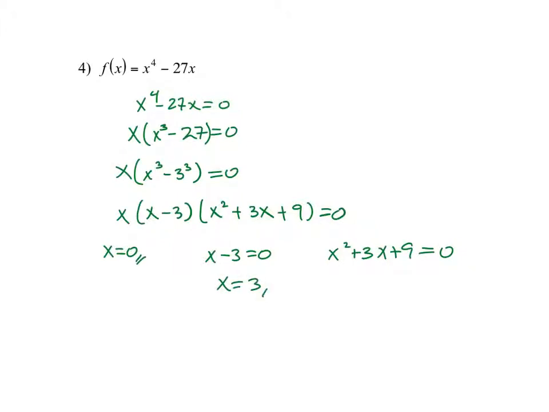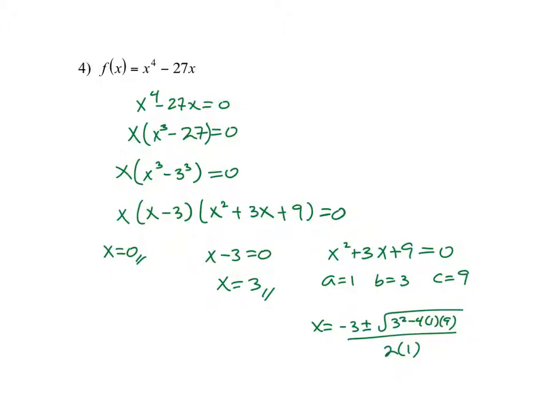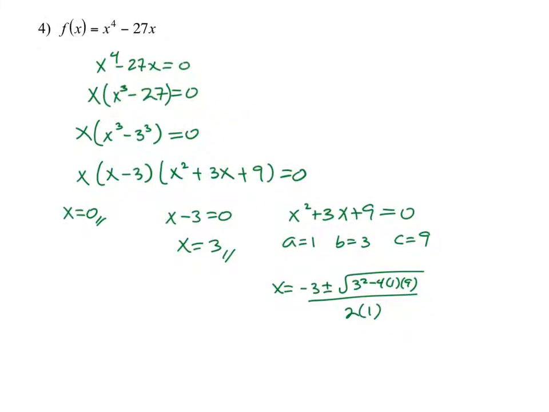So I have 1 zero here, I have 2 zeros here, and I'm just using the quadratic formula here. So a equals 1, b equals 3, c equals 9. So x equals the opposite of b, plus or minus the square root of b squared minus 4 times 1 times 9, divided by 2 times 1. So x equals negative 3 plus or minus the square root of 9 minus 36, divided by 2.